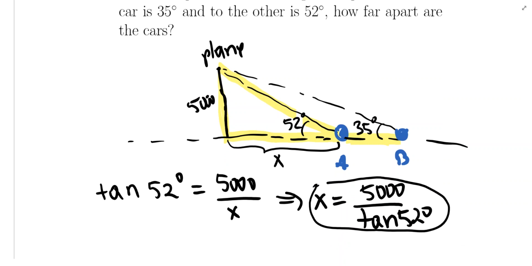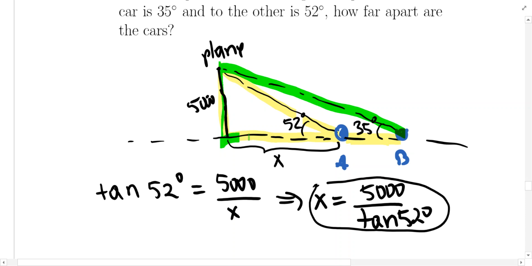What if I look at the big right triangle now? So the big right triangle now is this one. What is this one going to give me? Notice that it's going to give me this distance now. So if I look at the big right triangle, I have that this side opposite to the 35-degree angle is 5,000. So I can find this y right now.